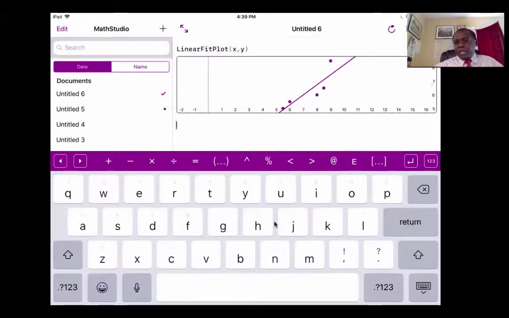Then I think somewhere down the line, maybe question 5 or 6, it says, come up with the line of regression on the same axis as the scatter plot. And this will be the same thing. So if you're using MathStudio, this would serve as the answer to 2 questions. And while we're at it, if you're using a calculator, do the same thing. The procedures are there on Canvas.